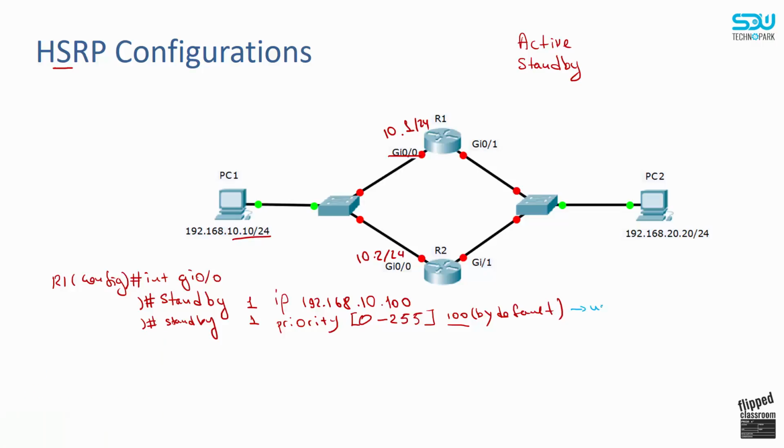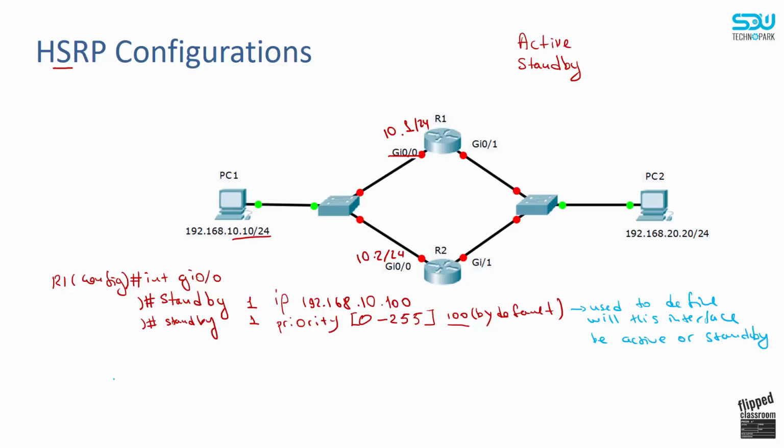Priority is used to define will this interface be active or standby. Will be primary or is the secondary, let's say like this.